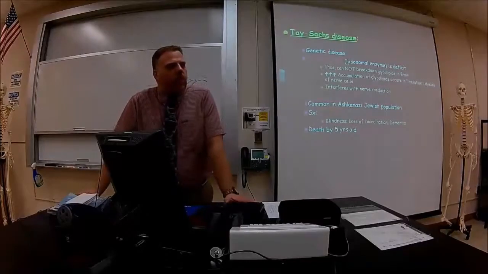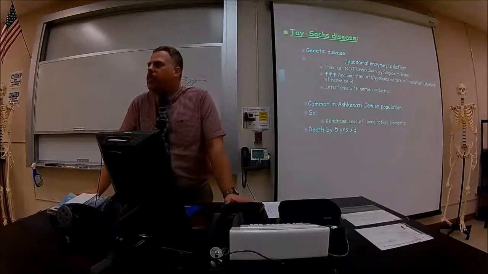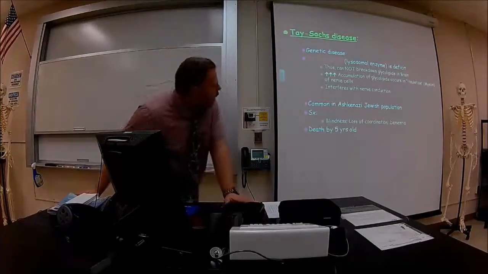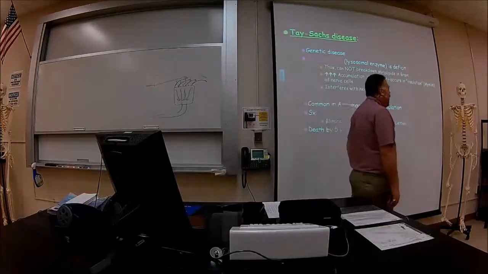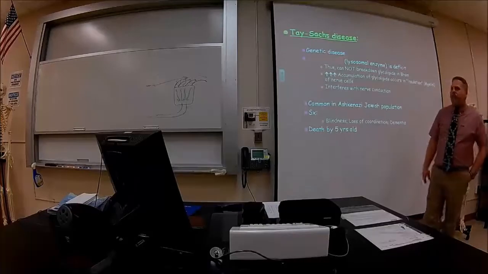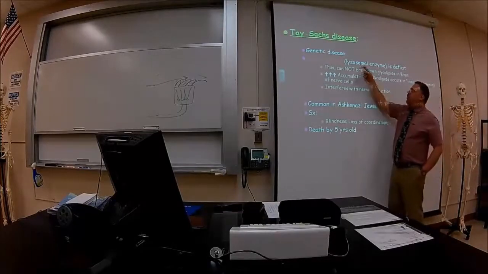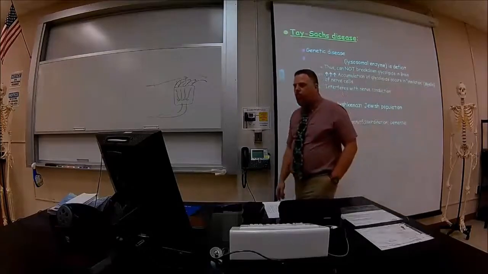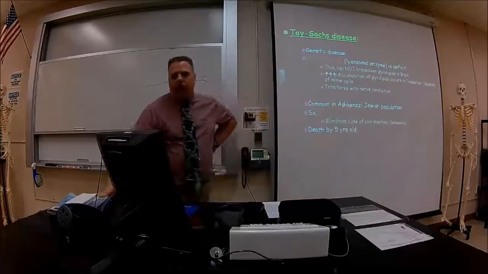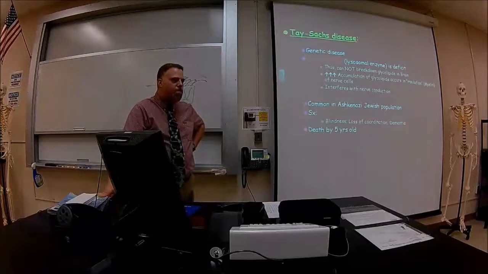Tay-Sachs disease. Who here has heard of Tay-Sachs? About half the class. Good. Tay-Sachs is a genetic disease, and the people who have this don't have a certain lysosomal enzyme called hexosaminidase. This is very common in the Ashkenazi Jewish population.